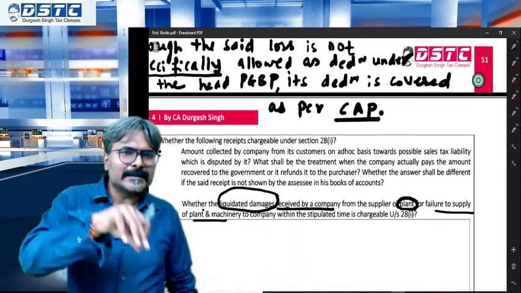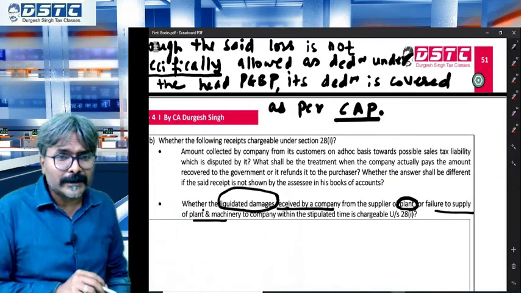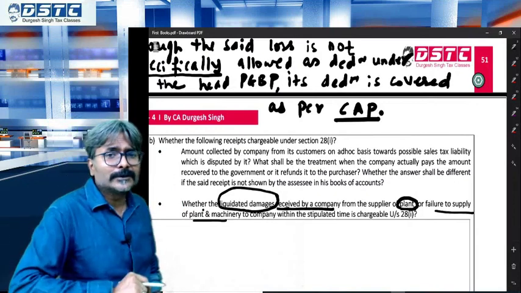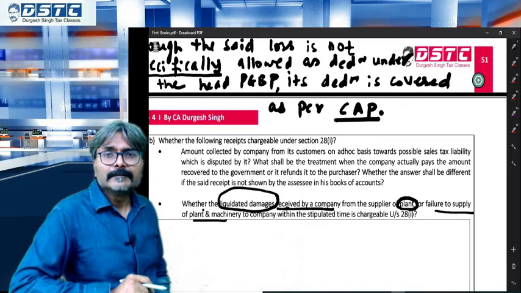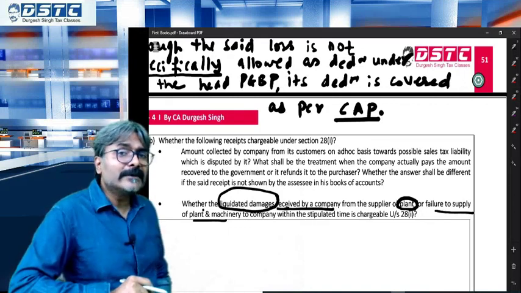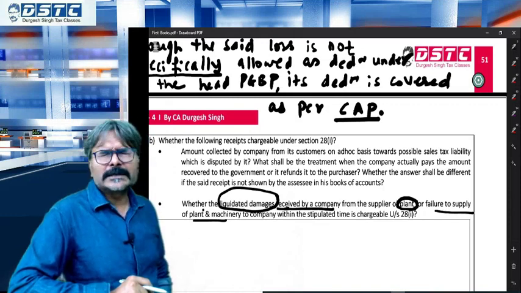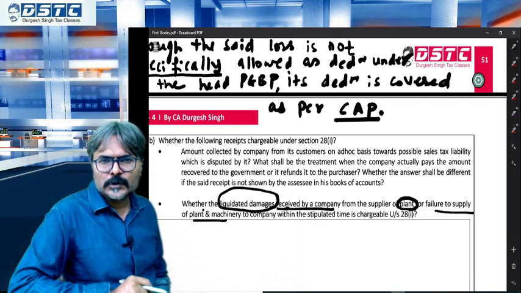If it is credited in the profit and loss account, because I've received it here, you tell me, is it a trading item? The answer is no. Is it an amount which I have received in the normal course of business?